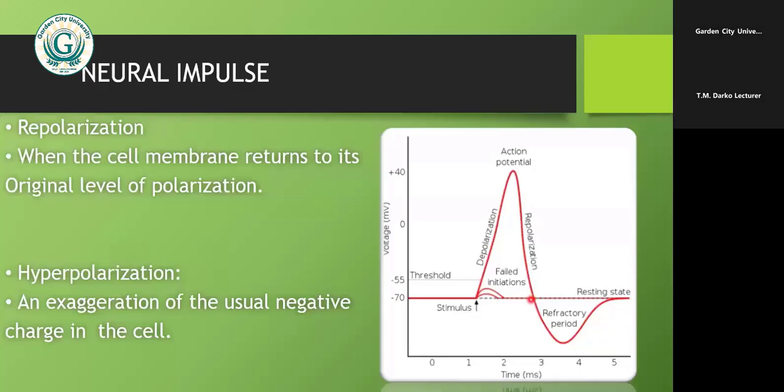It will go beyond the normal negative 70, which is supposed to be the normal one. Because of that, we name that part hyperpolarization. Hyperpolarization. Does it make sense? Yes, sir.